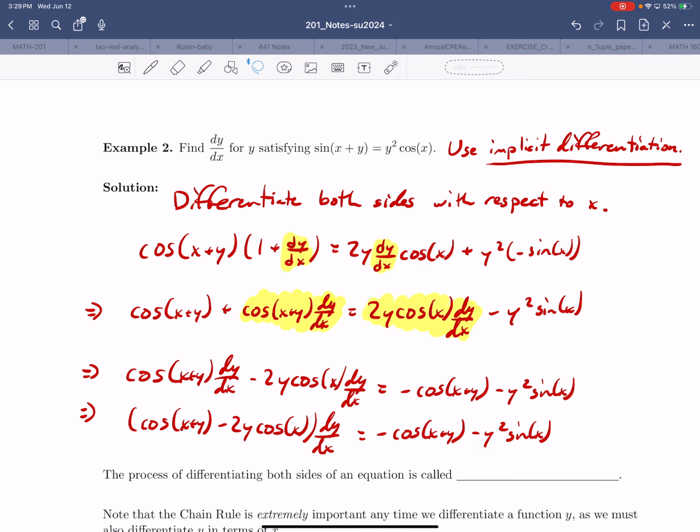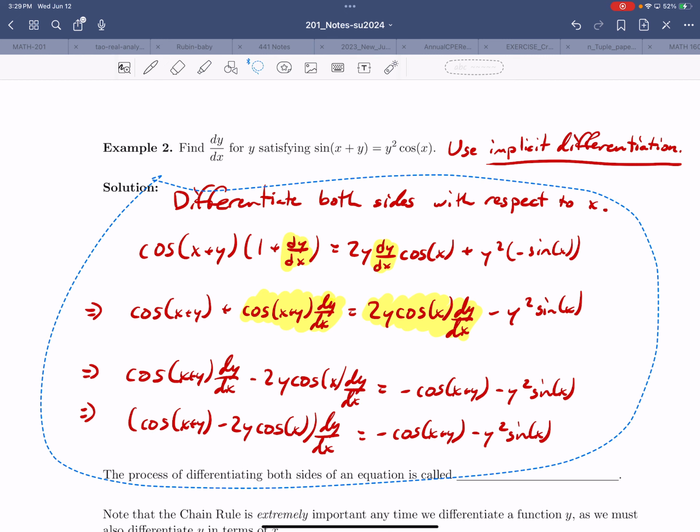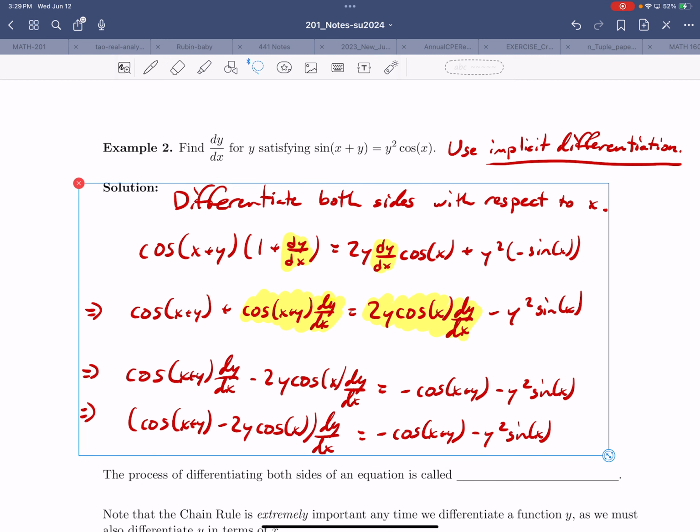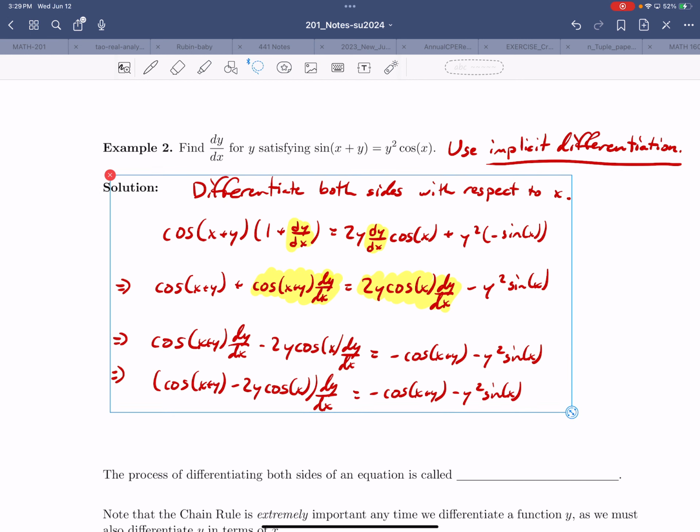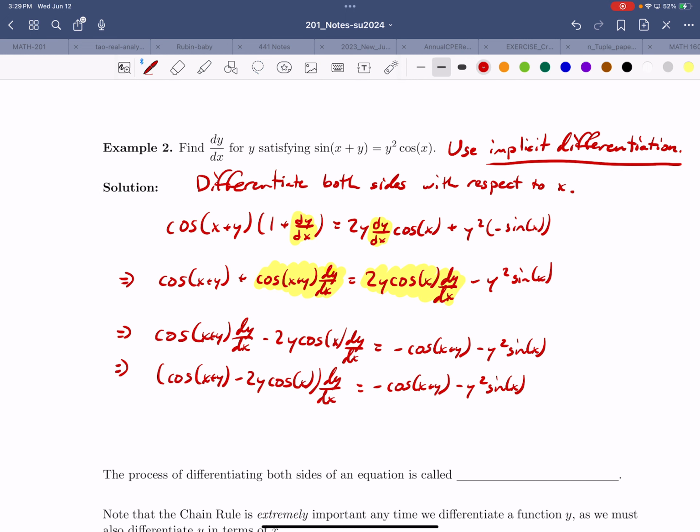Alright, so then what does that mean? Well, we're running out of room here, so let's shrink this a little bit. What that means is that our answer is going to be dy over dx equals this again, divided by the thing we factored out, just divided by the rest of the left hand.